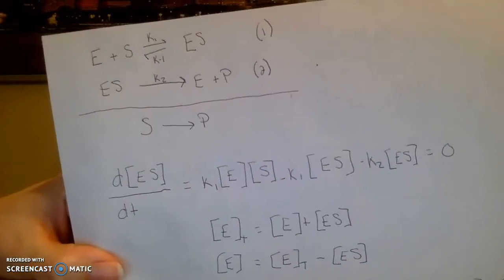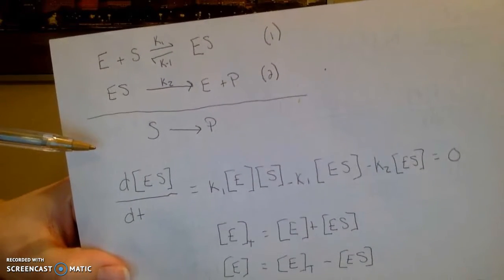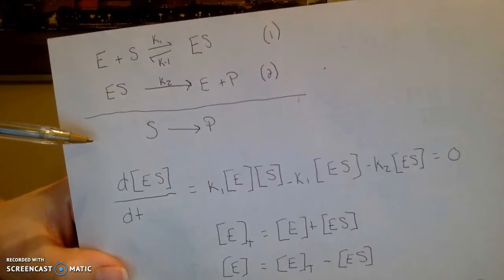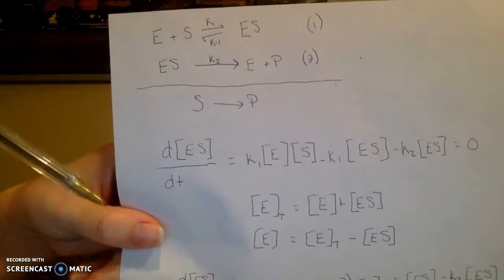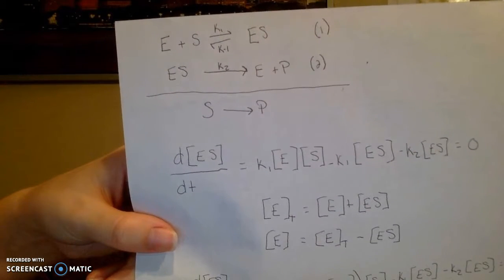the substrate. So we are going to make a steady state approximation, which means that the creation of the enzyme substrate complex is equal to the sum of all reactions decreasing its concentration.